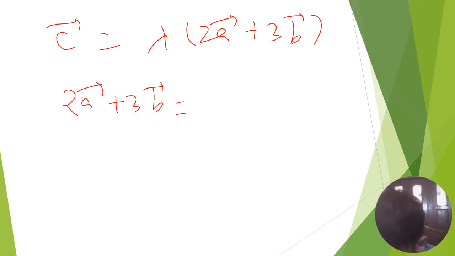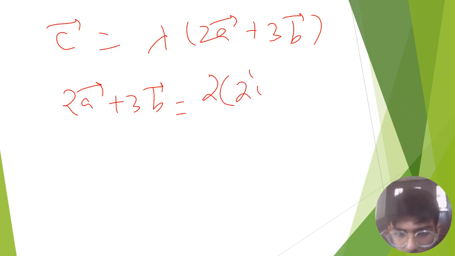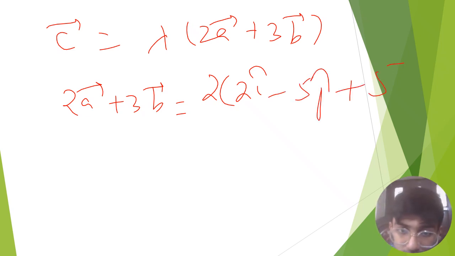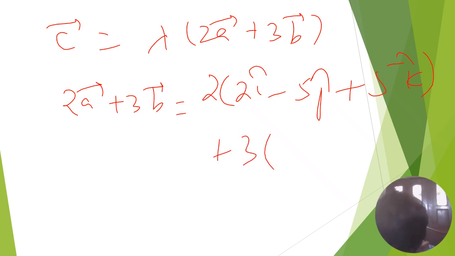How will we calculate this? So let's see, 2 into 2i plus, wait, little correction needed. What I did, I used highlighter. 2i minus 5j plus 5k plus 3 times b vector, which is i minus j plus 3k.